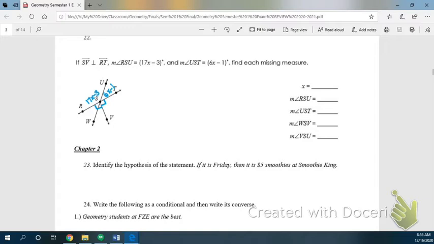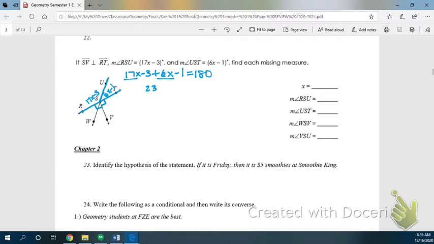So let's first just find x. If this is the case, then both of those angles are forming a linear pair. So 17x minus 3 plus 6x minus 1. They are a linear pair, which means they are supplementary, so they add up to 180. When I do that, I combine my like terms.